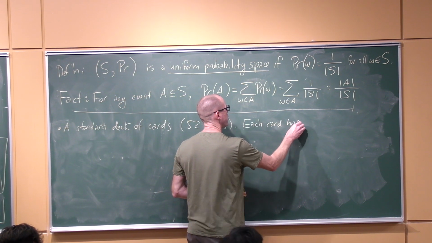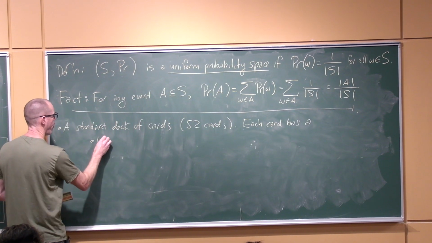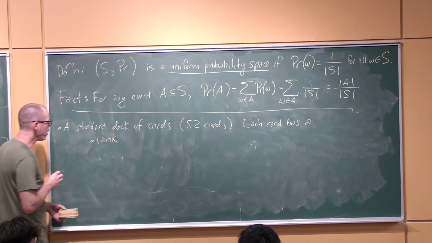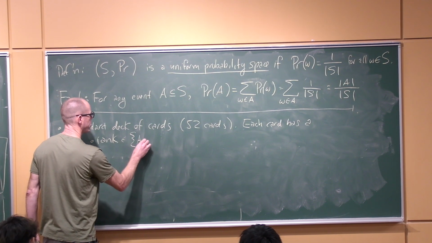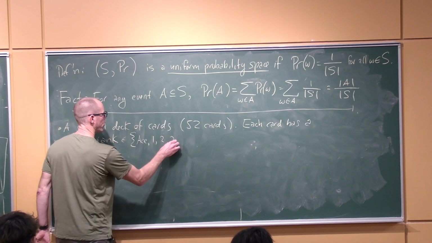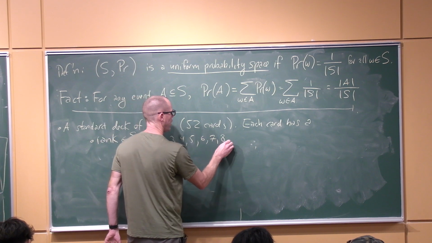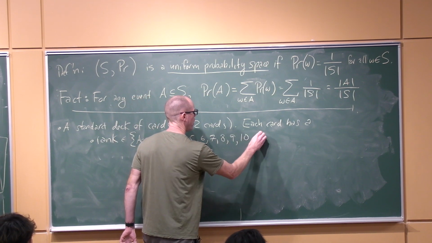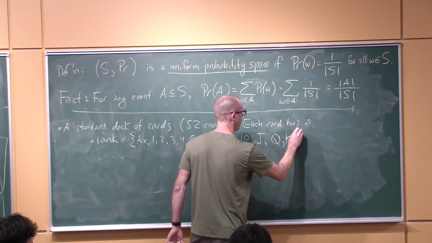Each card has a rank, and the ranks are ace, 1, 2, 3, 4, 5, 6, 7, 8, 9, 10, jack, queen, king.